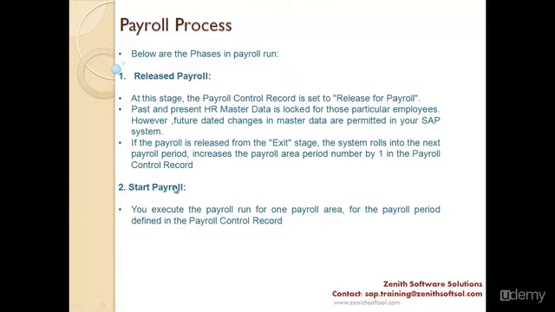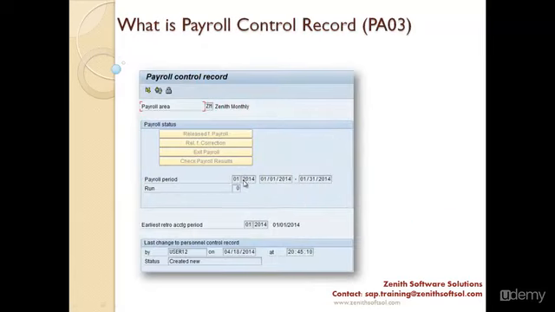Start the payroll means you are now able to execute the payroll for one payroll area and for the payroll period defined in the control record. Now if you see in the control record, what is defined here? 01/2014. If I release the payroll, it means I am running the payroll for the period 1/1/2014 till 31/1/2014.